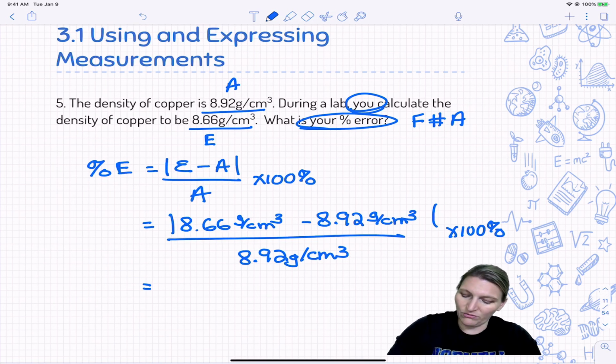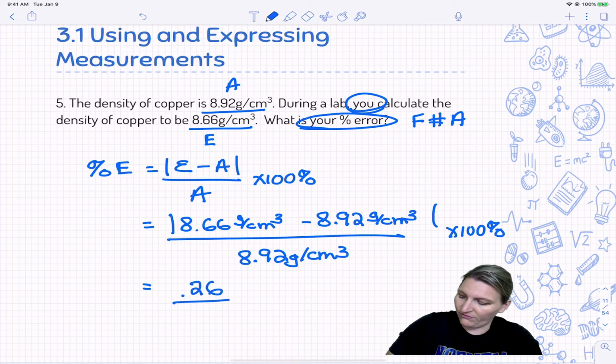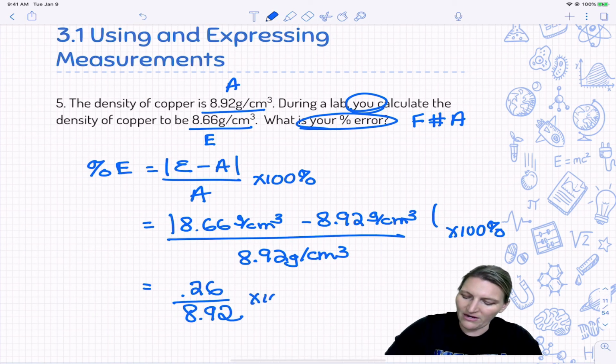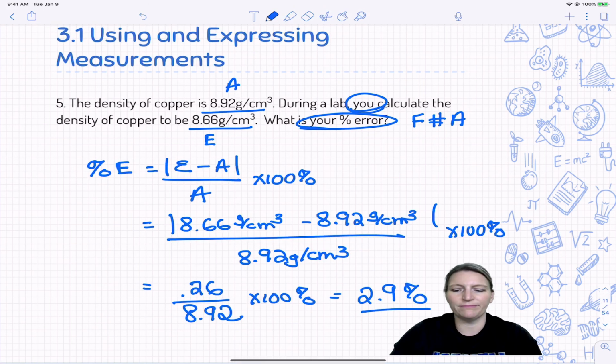So when I do that out, this comes out to be 0.26 divided by 8.92, right? You would do what's inside the absolute value symbols first. And then doing the calculation, I get 2.9%. That's the percent error.